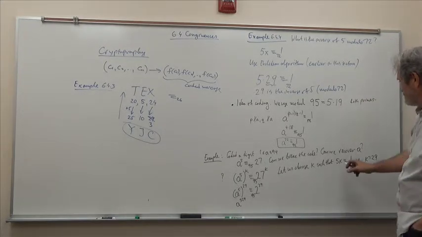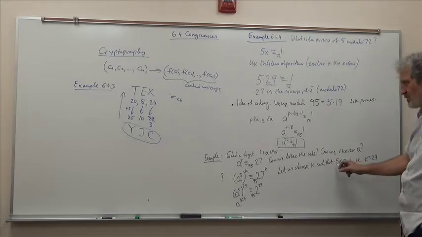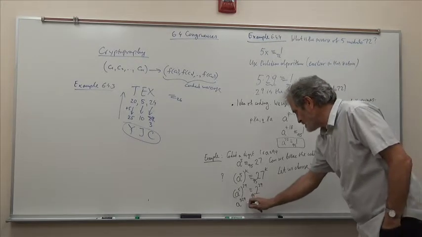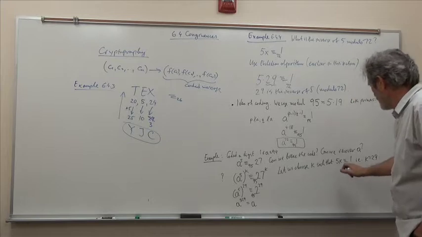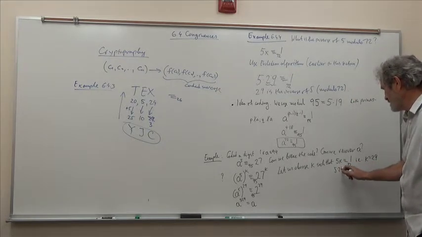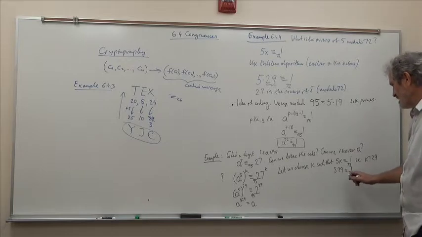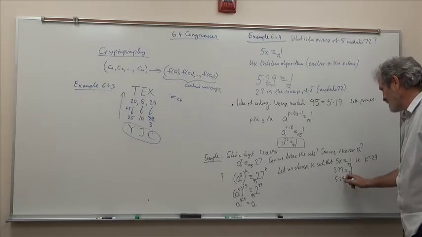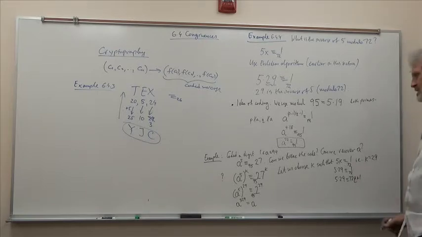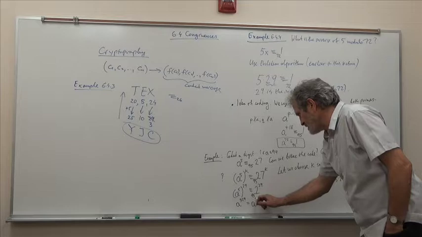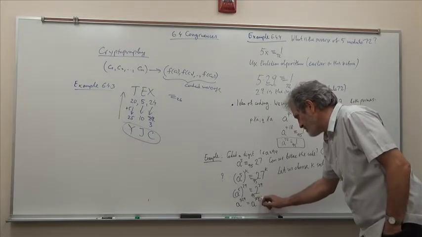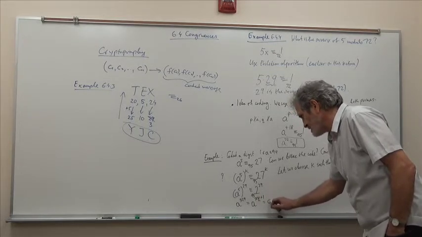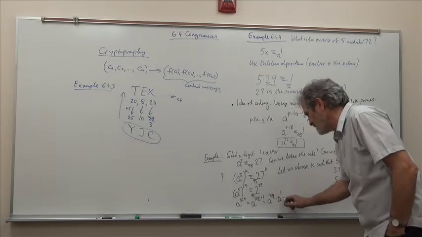But generally, what? 5 times 29 is congruent with 1 modulo 72. That means that 5 times 29 equals 72q plus 1, and I don't care how much that q is. So that's A to the 72q times A to the 1.